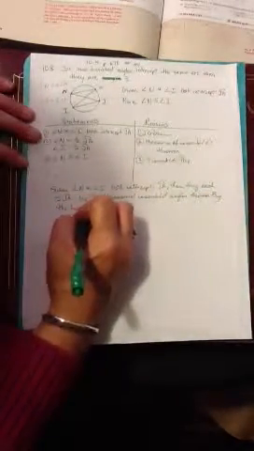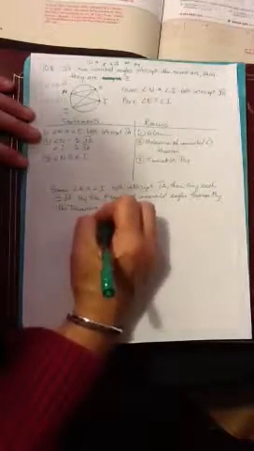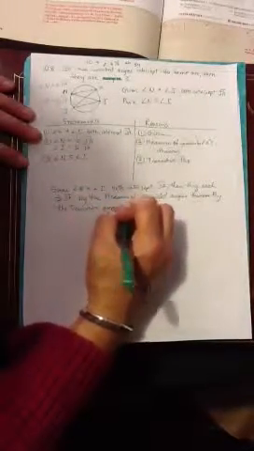Then you would say by the transitive property, they are congruent to each other.